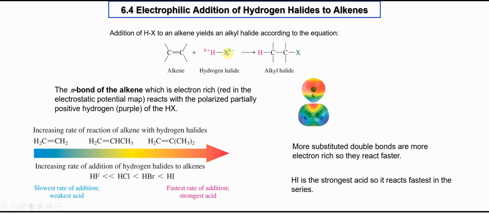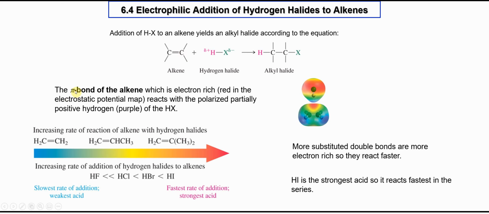Therefore, you will have a question: which of the carbons will be bonded with the hydrogen at the positive end? Anyway, hydrogen will be added to one of the double-bonded carbons, and the chloride or bromide will be added to the second double-bonded carbon.